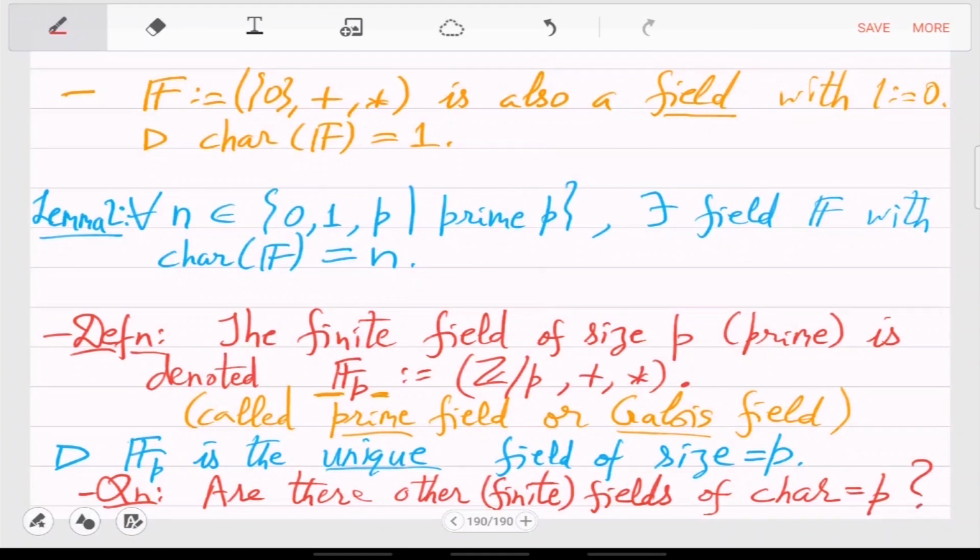So we have constructed and defined one field, and that's unique if you look at size p. But for other sizes with the same characteristic, are there other constructions? So we'll do that next time.